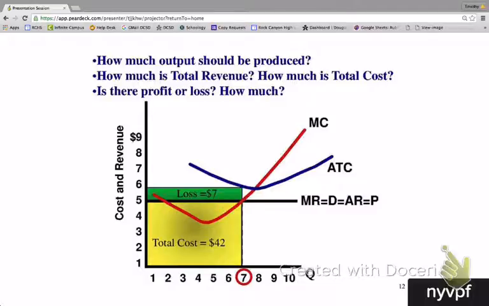Then we go down to the marginal revenue curve where it intersects marginal cost, and over to the price, and then down to the remaining area, shade that area, and that's our total cost. So our total cost is $42, but we're losing $7. And so here there's economic loss, and you may have to draw this kind of a curve and show the area of economic loss as well.